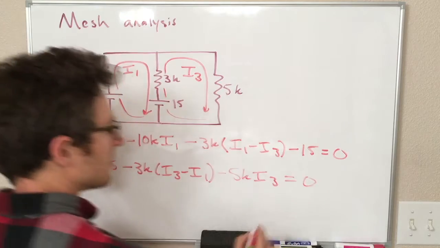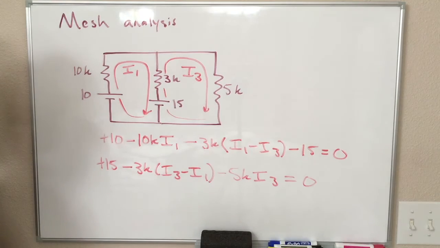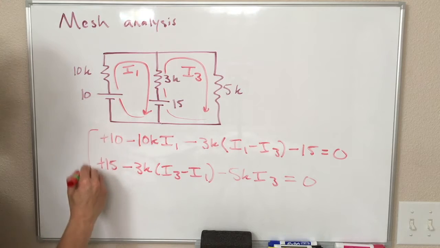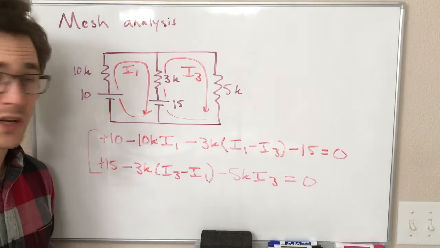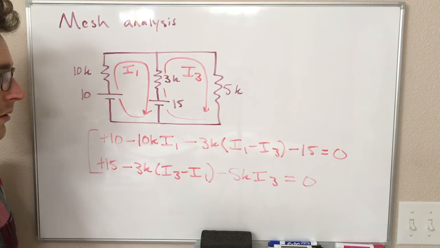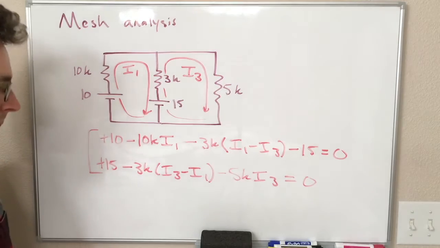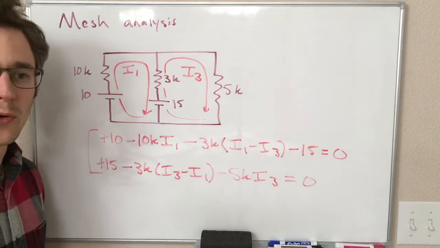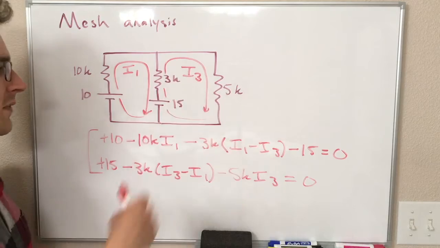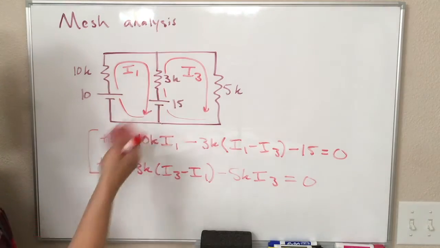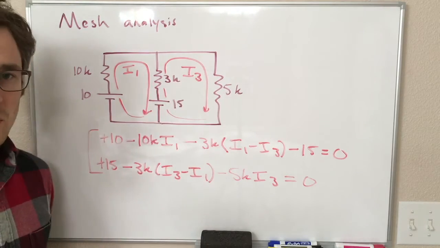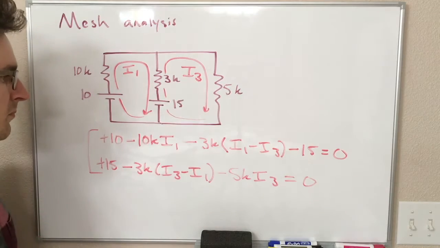Now we're back where we started, so that equals 0. The result of this is a system of 2 equations and 2 unknowns, so now we can solve this. We never had to invoke the current law. All we did was look at these voltage loops, assuming these values of the current circulating around these loops.